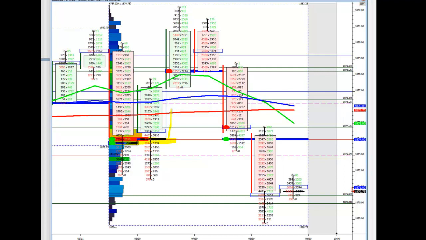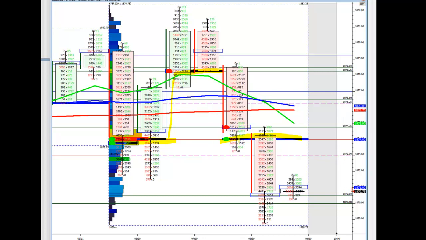And then my point of control, meaning the price level that had the greatest intensity of volume, jumped up here. Now, when prices were rejected up here, notice what happened. Prices continued back lower, and we came right back to the old volume point of control.